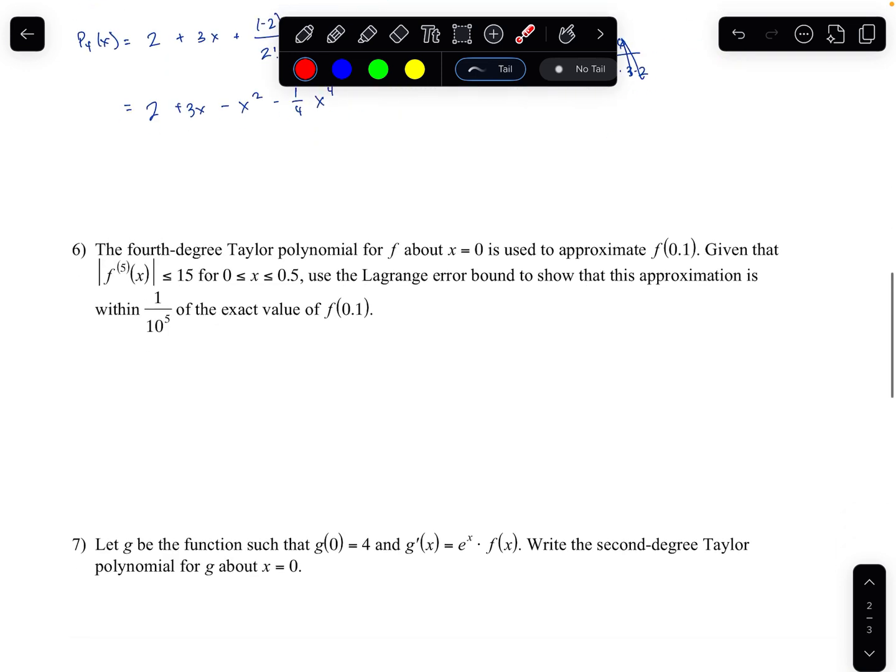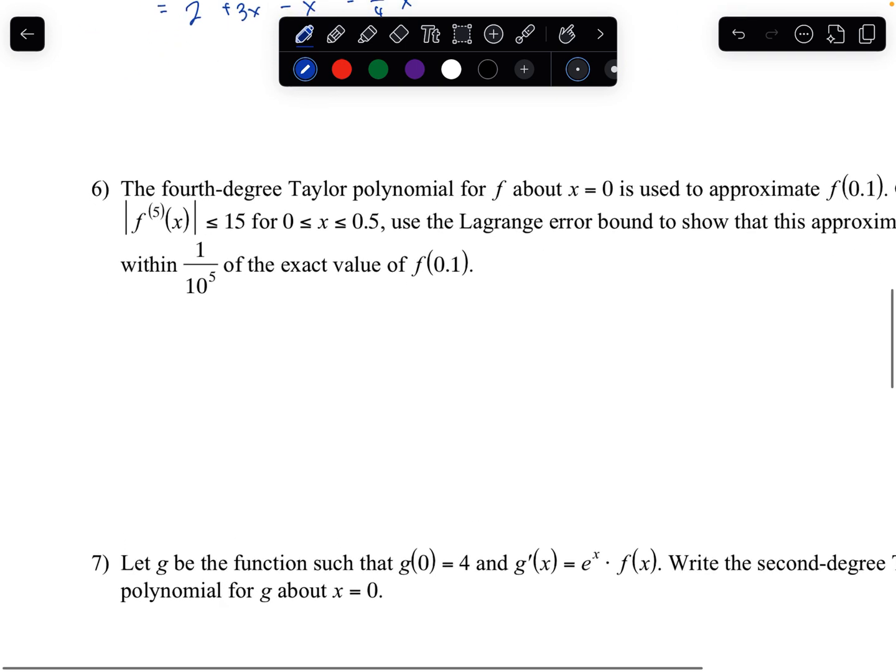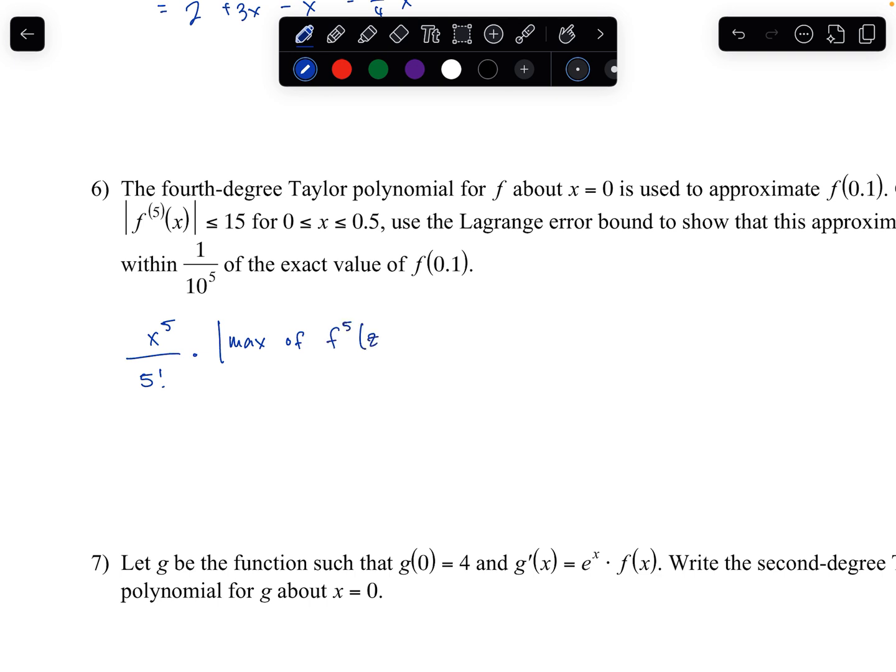So if we're using a 4th degree Taylor polynomial, then by the Lagrange error bound, the first unused term would be x to the 5th over 5 factorial times, in this case, not the 5th derivative, but the absolute value of the maximum value of the 5th derivative at z.